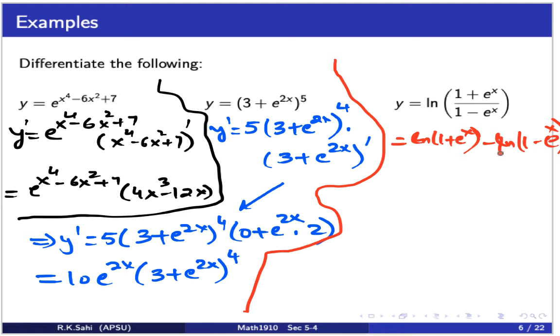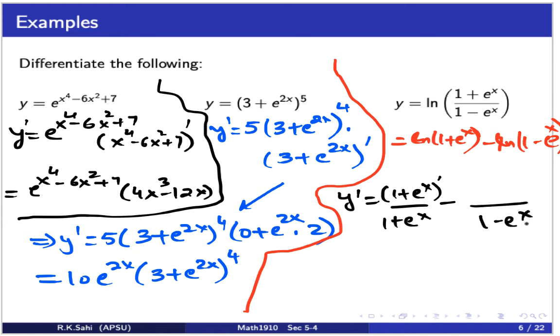Okay, now we will do the differential. Y prime, now natural log, that means whatever is next to it, you put it in the denominator, guys, and then you take the differential of what was next to the natural log, minus the same thing for the second expression, 1 minus e to the power x, and then multiplied by the differential of 1 minus e to the power x.